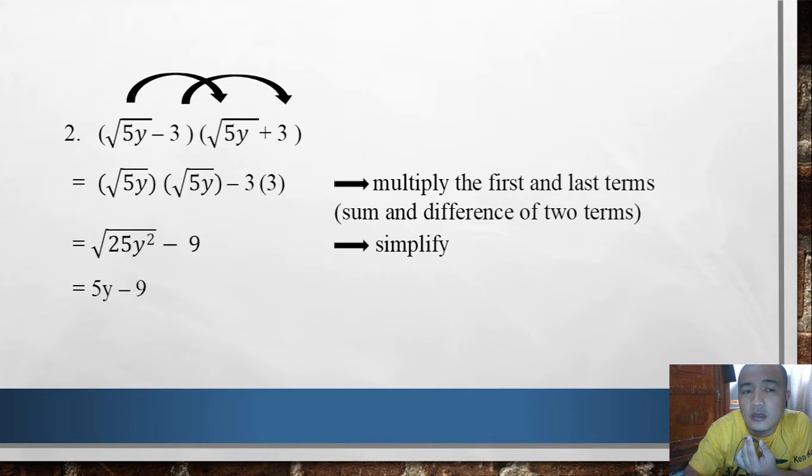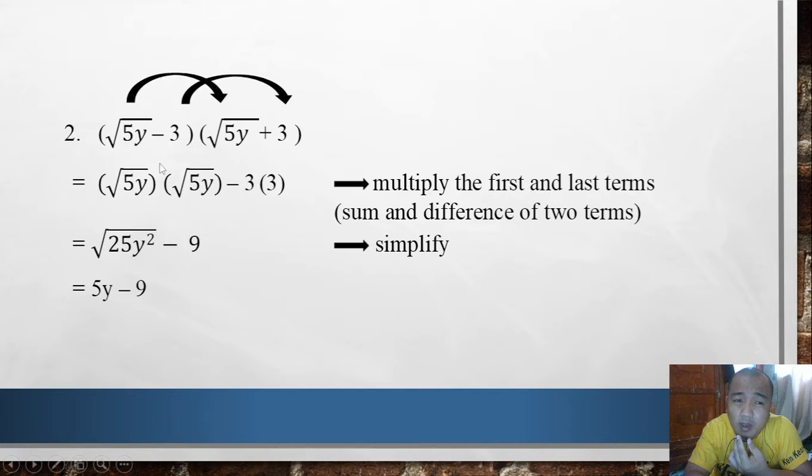About this, binomial times another binomial. But there's a shortcut for this. Square root of 5y minus the square root of 3. Square that. Square root of 5y squared is 5y.